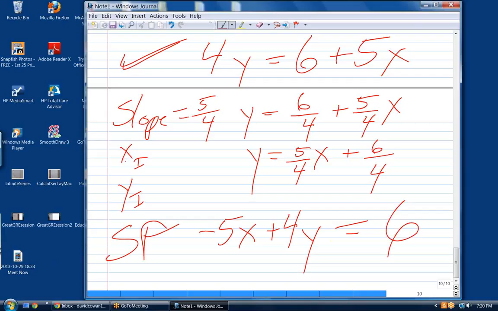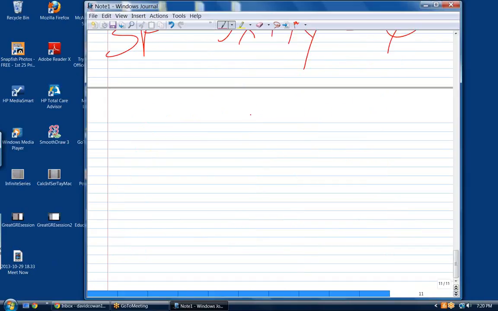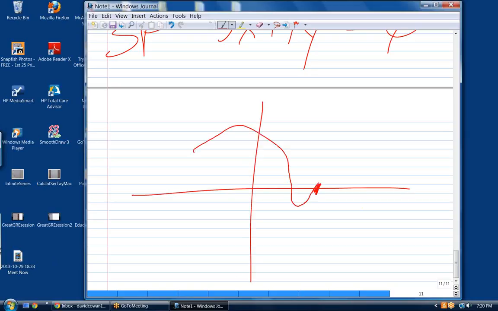Because what's true at the x-intercept? If I have a graph, this is the y-axis, this is the x-axis. What's y equal to at my x-intercepts?